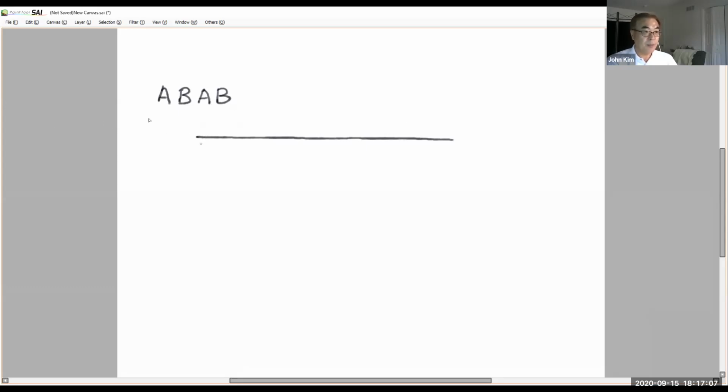But if we have enough inventory of B, then we can change the schedule, like A, B, B.